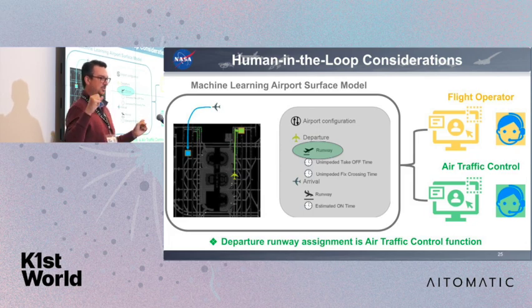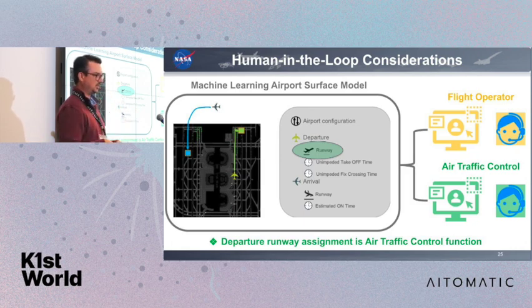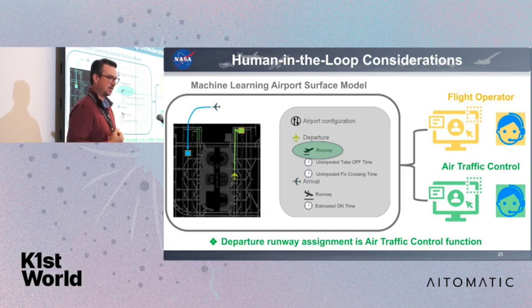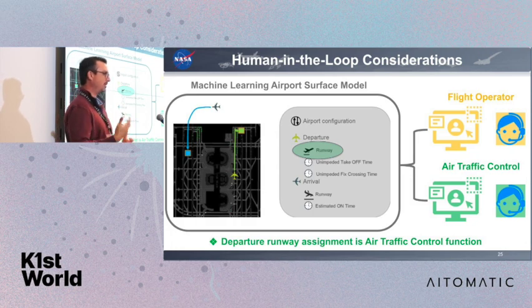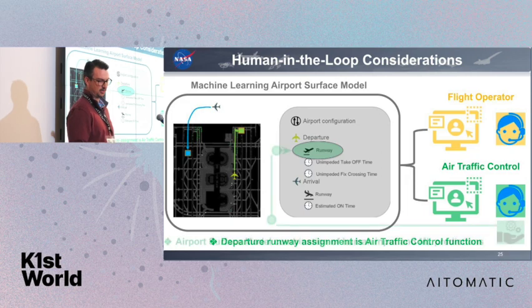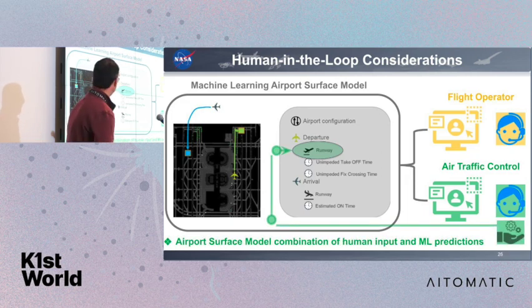And American Airlines says, hey, I want to reroute this aircraft from east to west. Air traffic control gets that request. They say, this aircraft's already on the west runway. Why are you wasting my time? Why are you driving up my workload? It's just not an acceptable solution to air traffic control to be bothered with these predictions that don't align with their mental expectations.